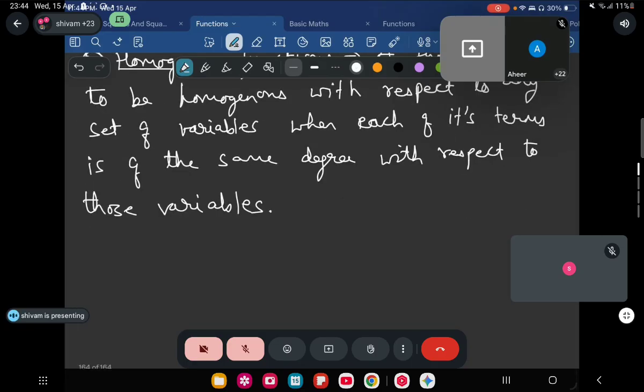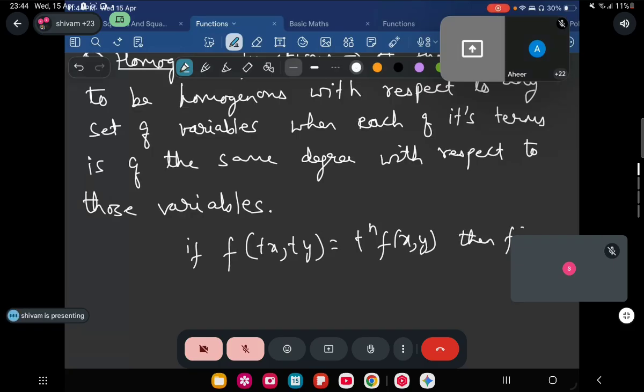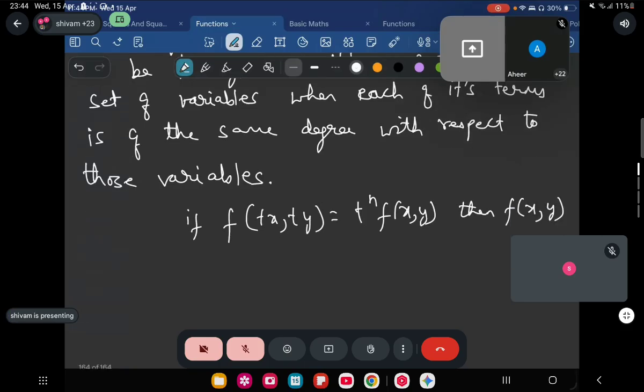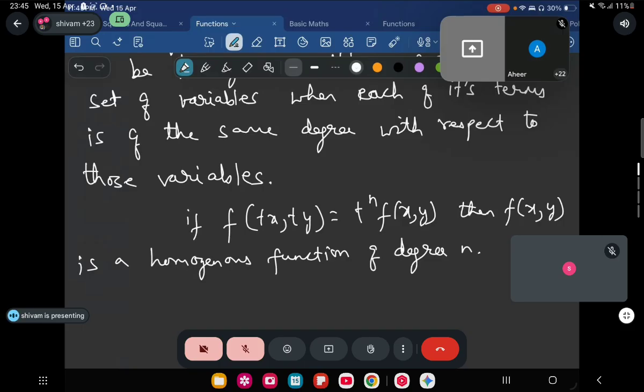If f of tx comma ty is equal to t to the power n into f of x comma y, then f of x comma y is a homogeneous function of degree n. Remember.